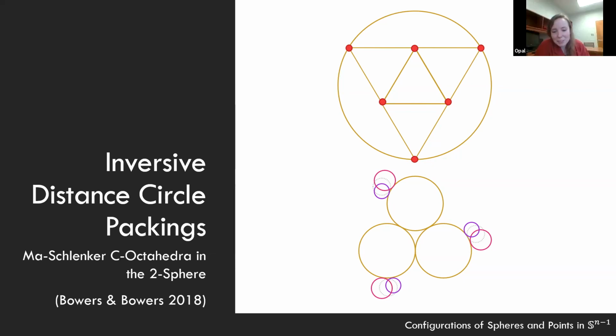Are there examples of inversive distance specifications on triangulations of the sphere for which there are finitely many, but more than two solutions? I don't know off the top of my head. I would imagine there are other examples. Maybe you can just glue some of these together to do that, but that's kind of cheating. Who's against cheating?